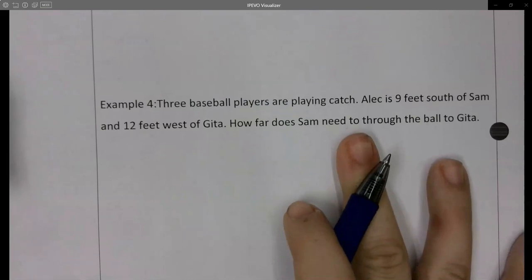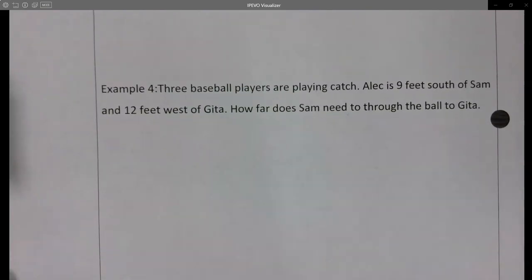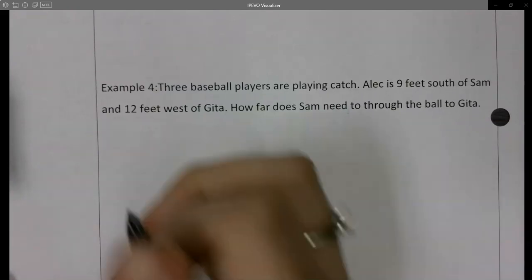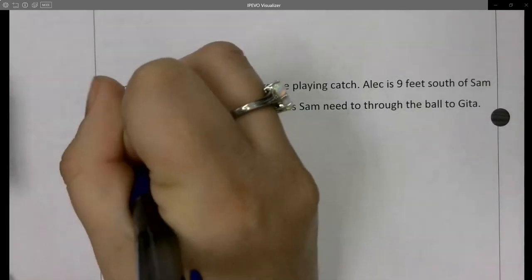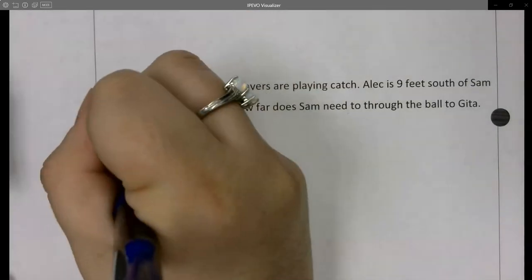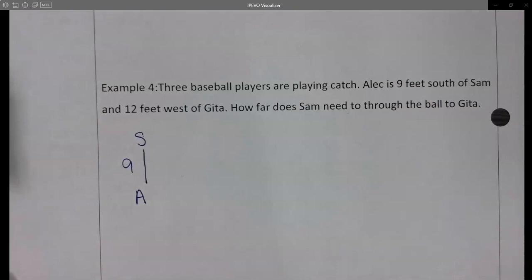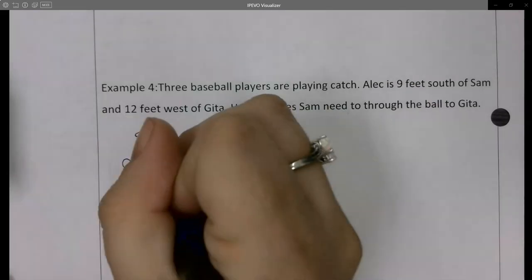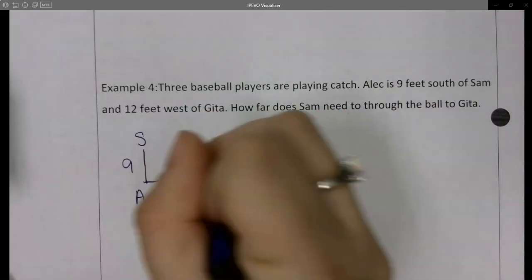Number 4 is a word problem. It tells me 3 baseball players are playing catch. Alec is 9 feet south of Sam. So, south is straight up and down. And then it says he is 12 feet west of Gita.